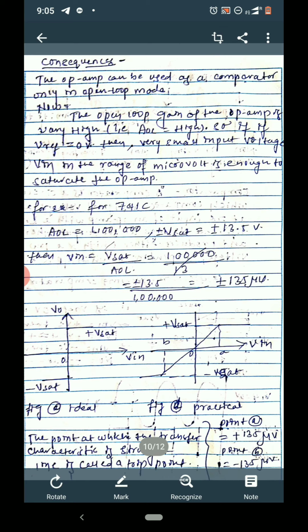Now the question is, this small voltage may be noise, may be any unwanted signal. So in this case, your output has changed because of an unwanted signal. That is the problem. Okay.